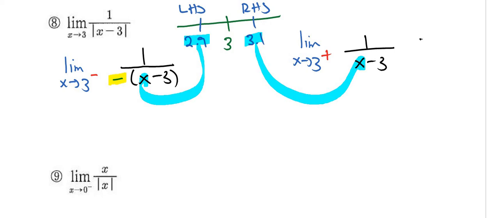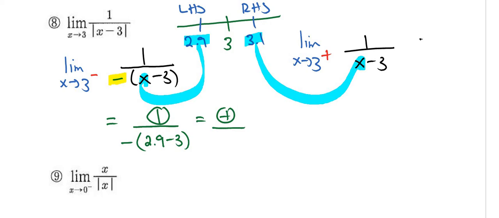If I substitute those values in, I get 1 over negative (2.9 minus 3). Now the numerator is positive, but what about the denominator? Well, this part here in blue is going to be negative, and there's a negative sign there, so negative times negative gives a positive result on the denominator, so this answer here is positive infinity.